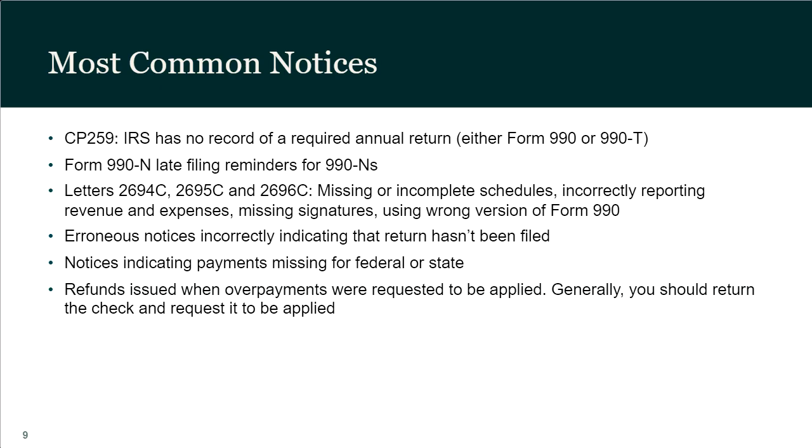Write them a letter, send it back to the address that you received it from. Usually that's the address on top of the actual check itself. Write a letter and indicate, we're not accepting this check. Please apply it to XYZ tax year and or this tax form, to essentially guide the IRS to what they should have really done in the first place. So kind of a few glitches happening within their systems that are not ideal and just take a lot of taxpayers' time and effort to deal with.